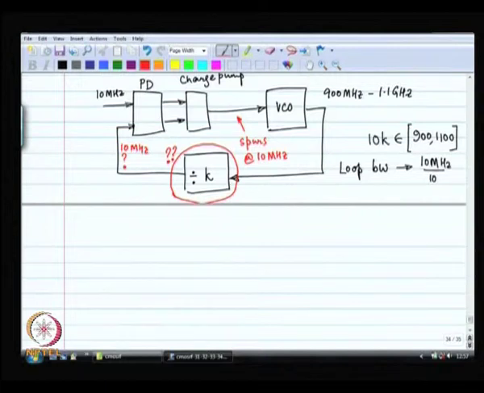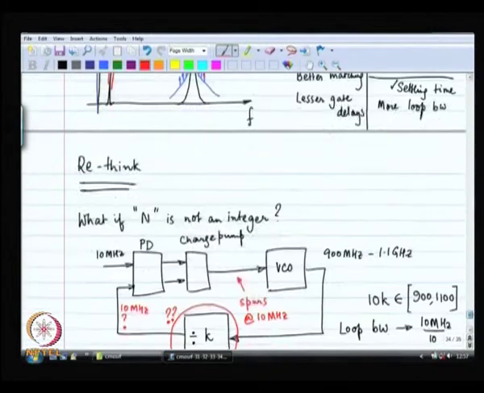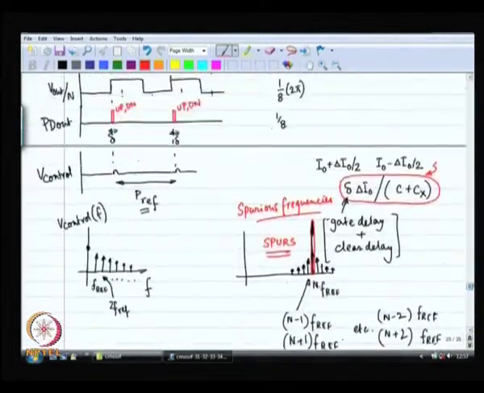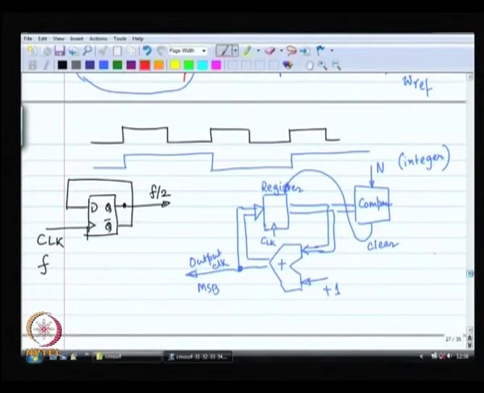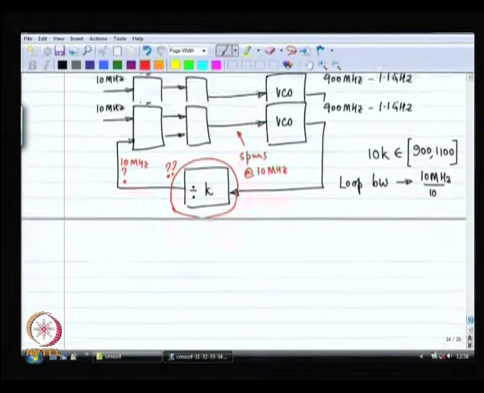Our traditional digital circuits, I can make a counter with my flip flops and so on. This is what we had done to make the division, right, and this is not going to work with non-integers. So, this is a problem. How are we going to make this division by k?